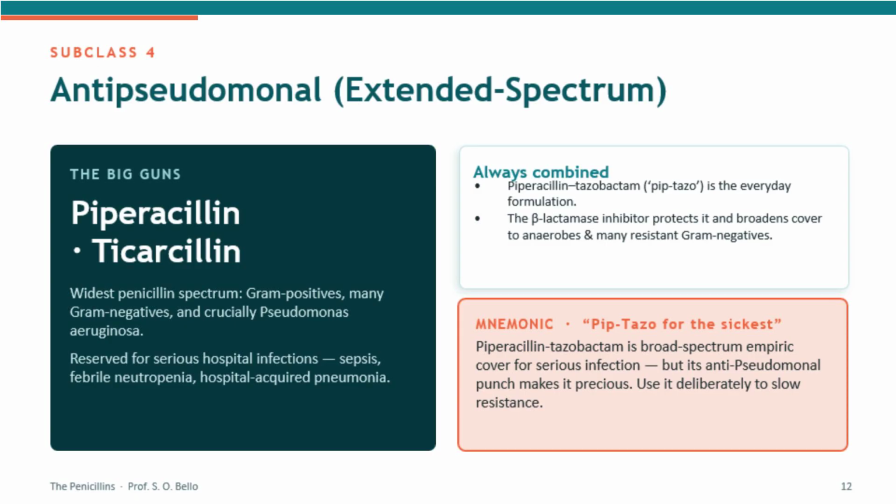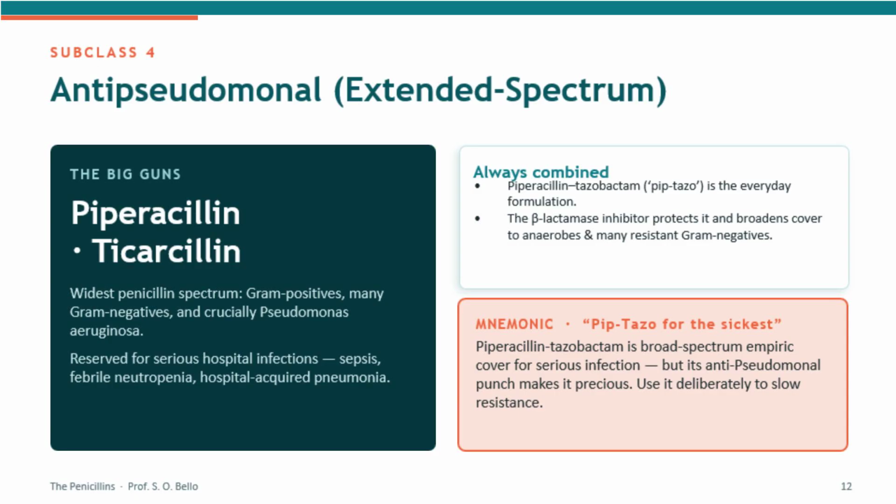Alongside Pseudomonas, they retain broad gram-positive and gram-negative activity, which makes them valuable for seriously ill patients: sepsis of uncertain source, febrile neutropenia in cancer patients, and hospital-acquired pneumonia. In practice, you'll almost never see piperacillin alone.